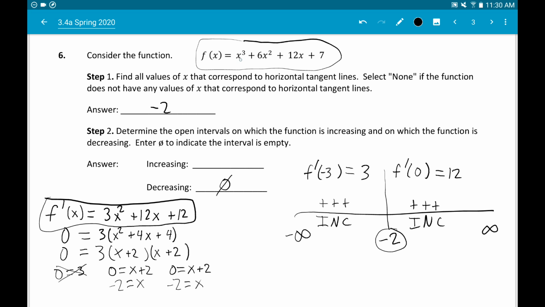If I plug negative 2 in for x up here in the original function, I'm going to get some number. It doesn't matter what it is. So in this case, we'll say our increasing interval is everywhere. In other words, I'm not listing two separate intervals. It's all one big interval. The whole thing's increasing.